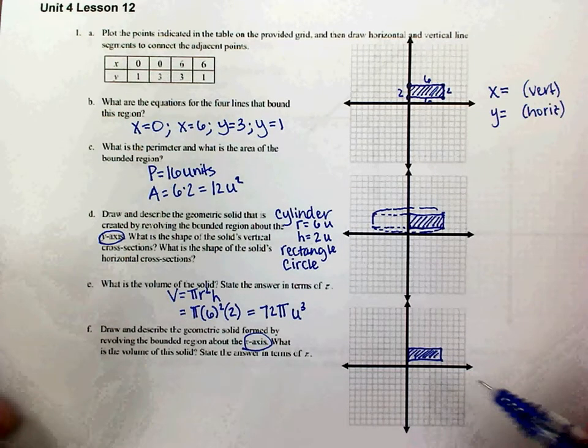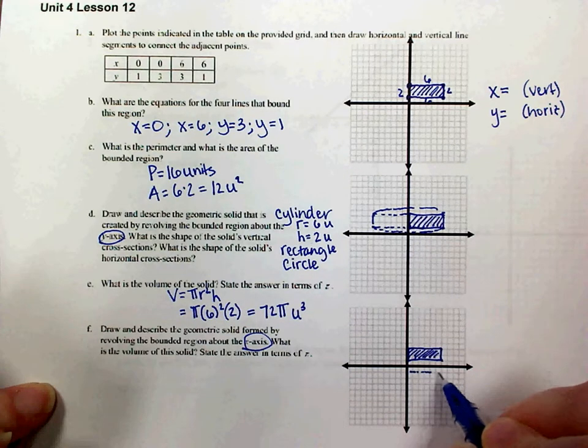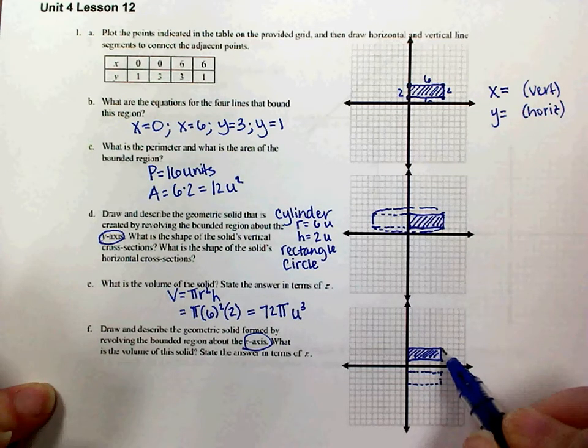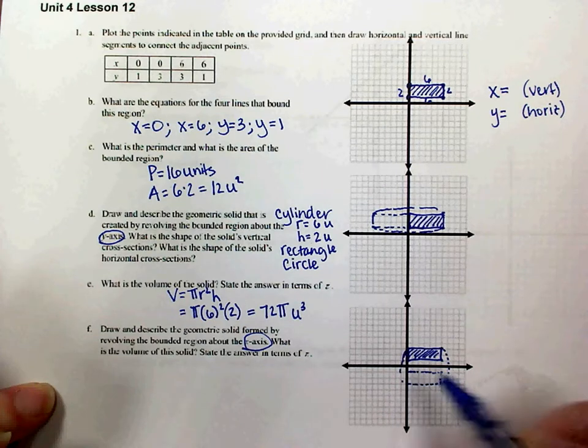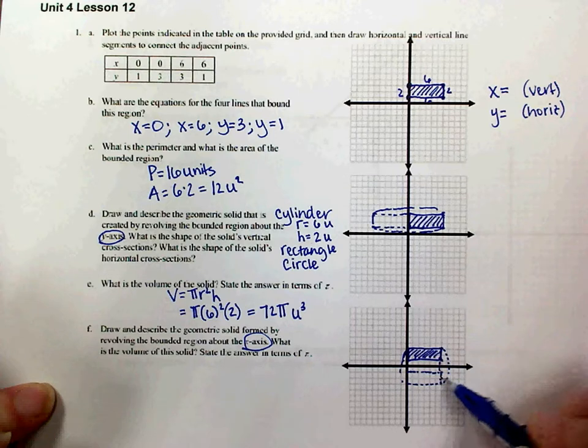So the first thing I'm going to do in drawing the solid is I'm going to draw the reflection across the x-axis. And again, just a picture that we have these curved bases on both ends. As we're revolving around, we've got this flat surface that's curved on the top and curved on the bottom.